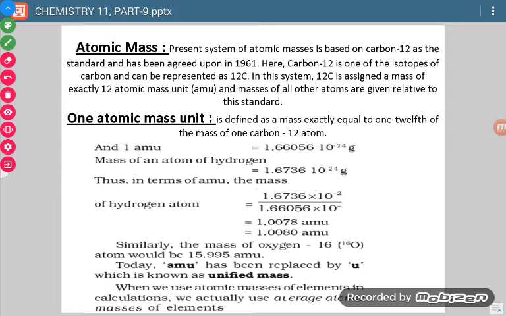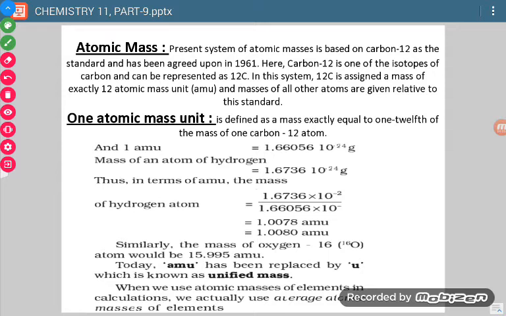Carbon exists in various isotopic forms, and we take that carbon for comparison, for which we take the value as 12. When we write the atomic mass, we write AMU or U.